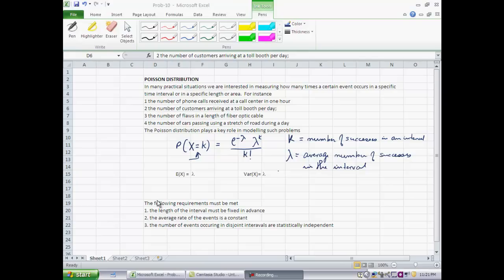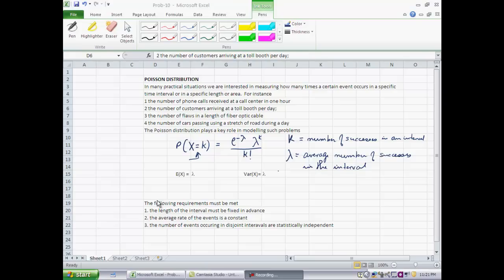In many practical situations, we are interested in measuring how many times a certain event occurs in a particular interval. That interval could be an interval of time or an interval of length or area.